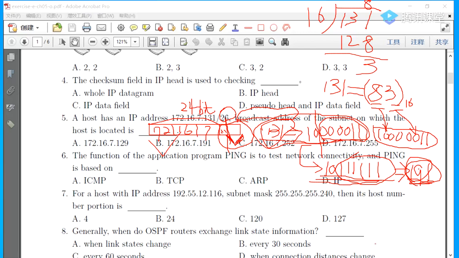We have several methods to convert into decimal notation. One, 0, 1, 1 is 11, right?